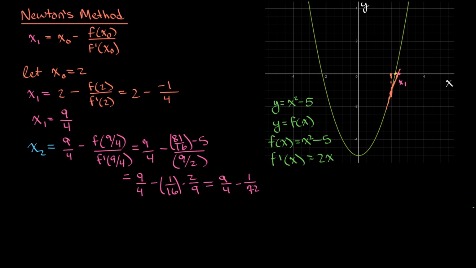That is going to be 162, so that's 161. I think this is 161/70, all right? And now that is what we get for x sub 2.